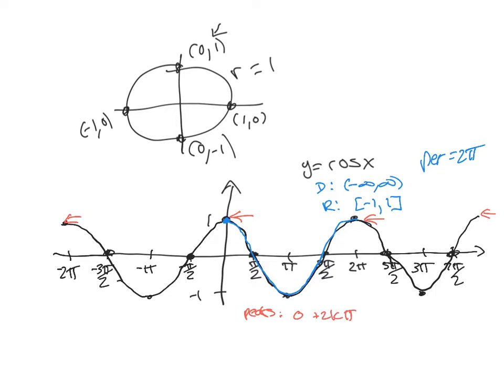Or it simply suffices to say that the peaks are every 2k pi, where k, of course, is an integer. Okay, in terms of the low points or the troughs, those are here. And I can use pi as a starting point here, because that's where the first positive one occurs. And I can say the troughs or the low points occur every pi plus 2k pi.